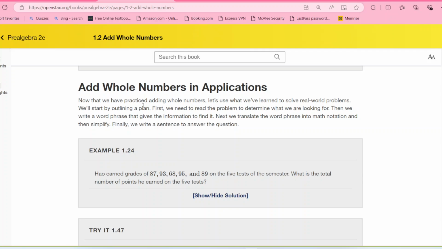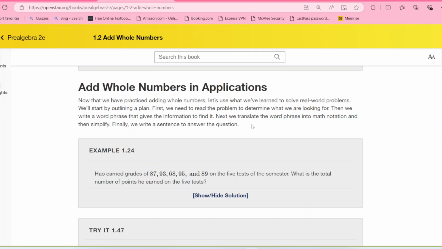So now that we have practiced adding whole numbers, let's use what we've learned to solve real-world problems. We'll start by outlining a plan. First, we need to read the problem to determine what we are looking for. Then, we write a word phrase that gives the information to find it.